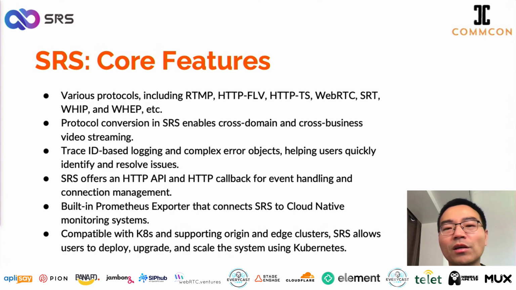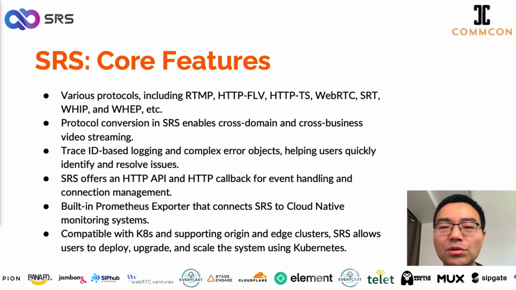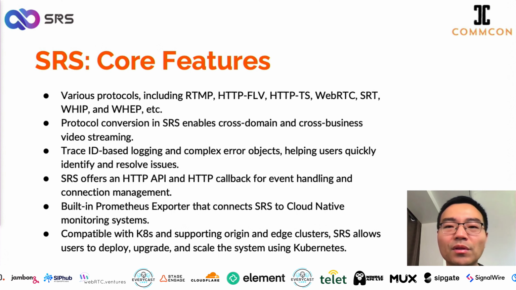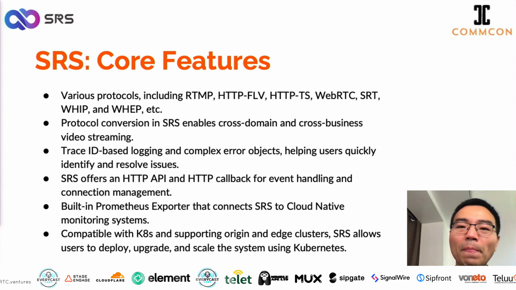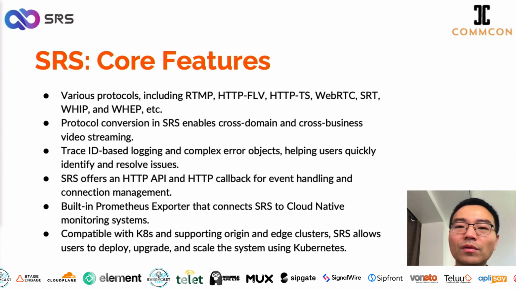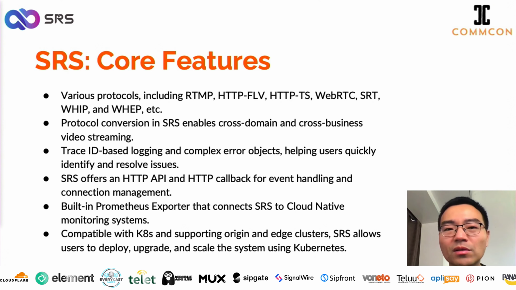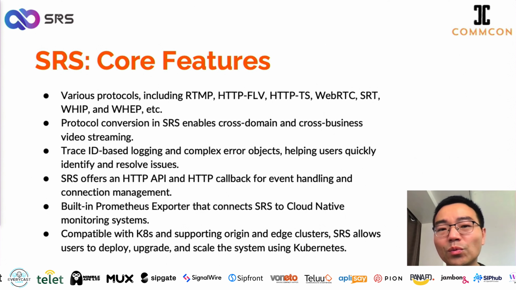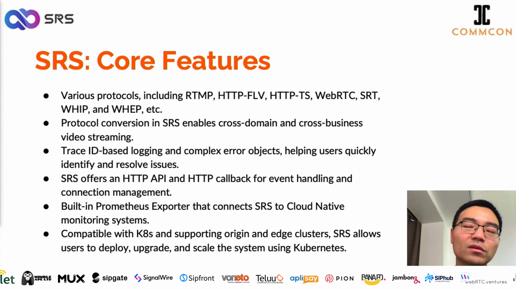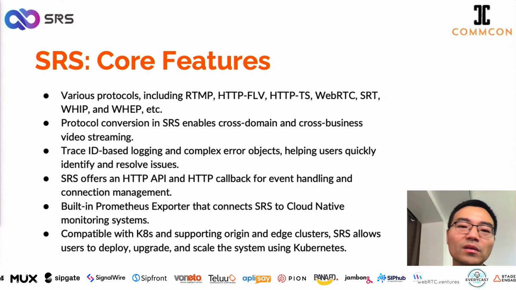One of the SRS key features is the ability to convert between these different protocols. For example, if you publish content using RTMP through OBS, you can play it on WebRTC through Chrome or on a Unity client.